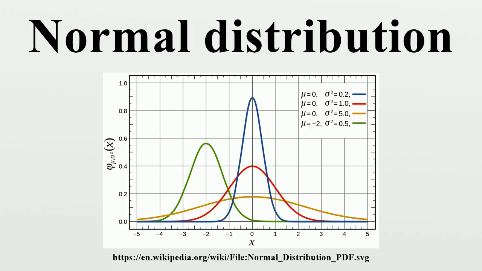Moments. The plain and absolute moments of a variable X are the expected values of X^p and |X|^p, respectively. If the expected value mu of X is 0, these parameters are called central moments. Usually we are interested only in moments with integer order p. If X has a normal distribution, these moments exist and are finite for any p whose real part is greater than -1.